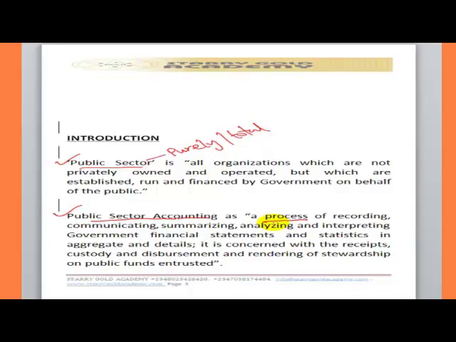But while you are summarizing the information, you need to analyze it. How do you analyze? You need to separate. For example, when we are talking about your collection of money from stakeholders, you need to know, okay, this is how much I was able to collect in the month of January.